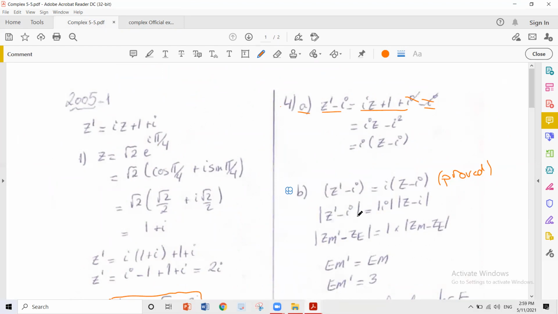I take the modulus of z prime minus I equals modulus of I times modulus of z minus I. So we get the modulus of zM prime minus zE. The modulus of I is 1, times modulus of zM minus zE.